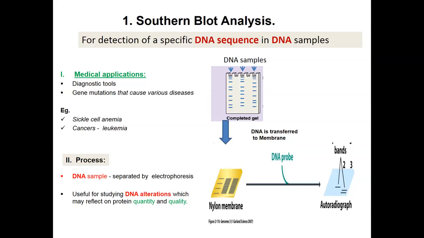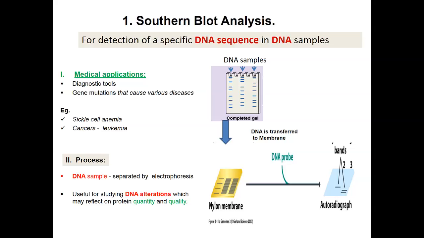After they're nicely separated, you transfer them to a membrane. You take your gel with your DNA in it, and you put nitrocellulose paper on top of it. Now you run the electricity in the opposite direction, from the gel to the membrane. If that occurs, all your DNA that is separated in your gel will be transferred to the membrane, and it will bind to the membrane.